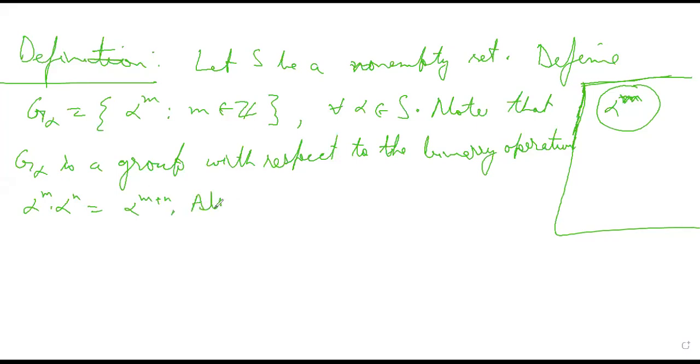Also, G alpha is isomorphic to Z for every alpha in S, right?